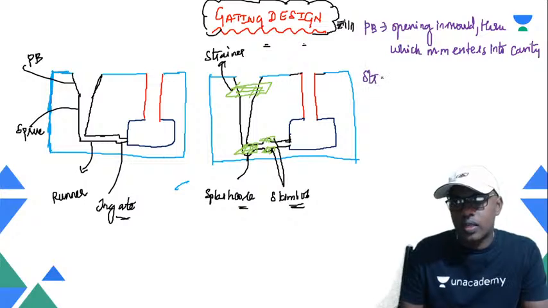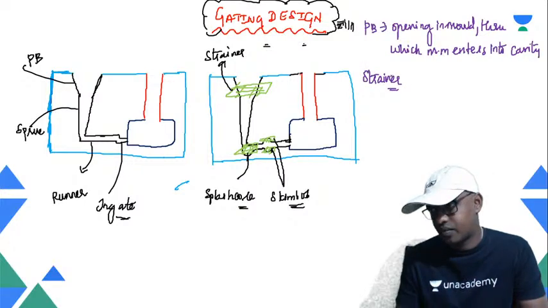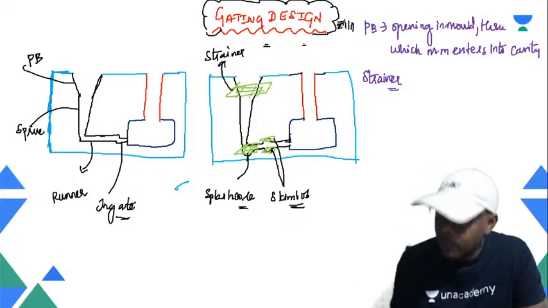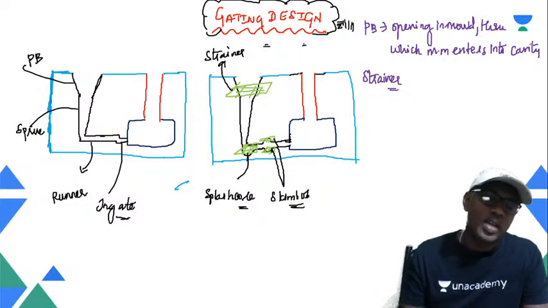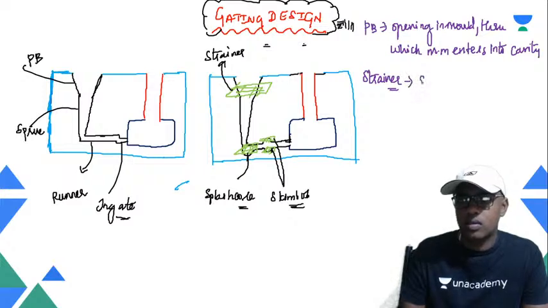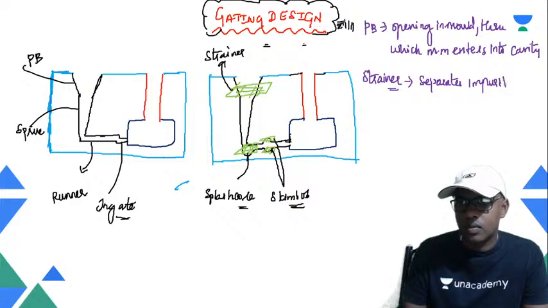So what is the strainer then? What is the use of that strainer? Sir, it is a filter, made of ceramic material with a high porosity. It is helpful for separating the impurities in the molten metal.